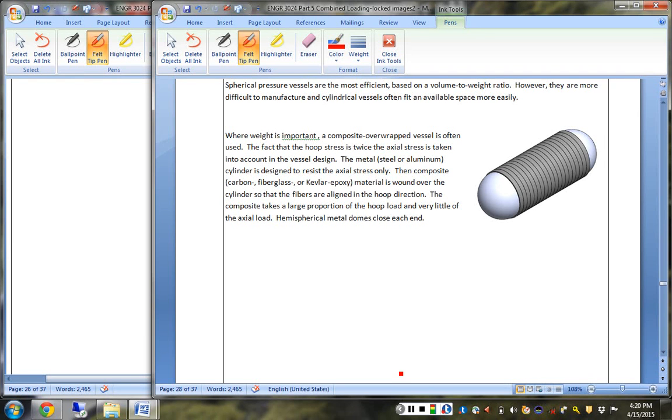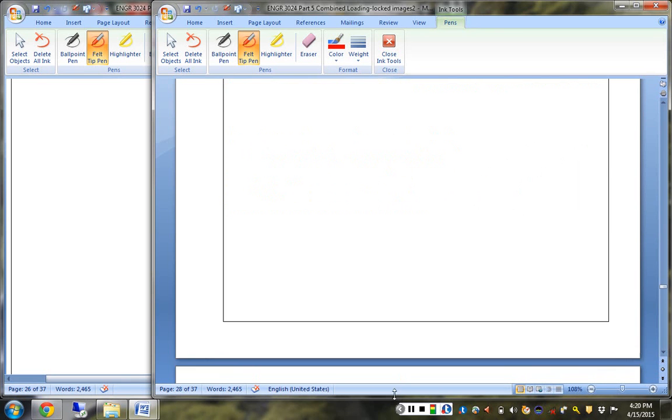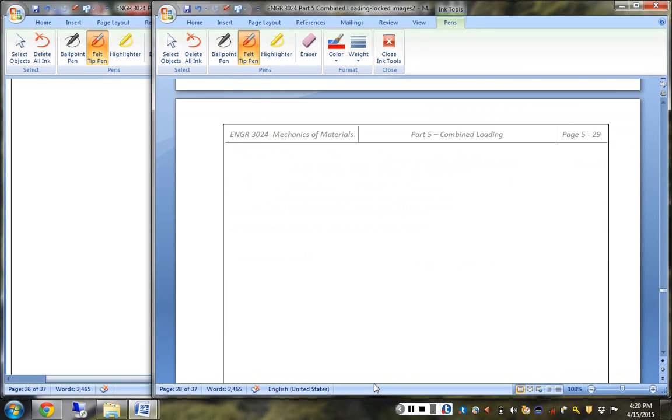So what did I just derive stuff for? Stresses. What do we know in our clever brains? How do we relate stress and strain? Hooke's law. What is Hooke's law? Stress is the modulus times the strain.